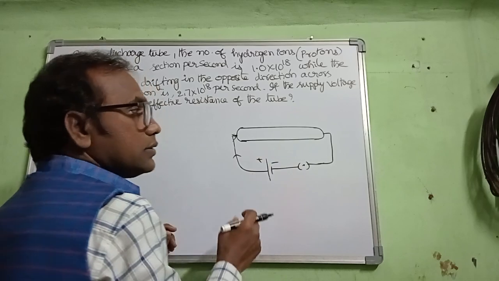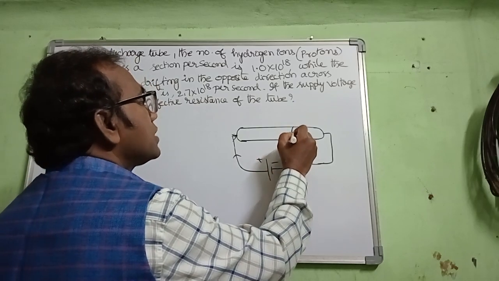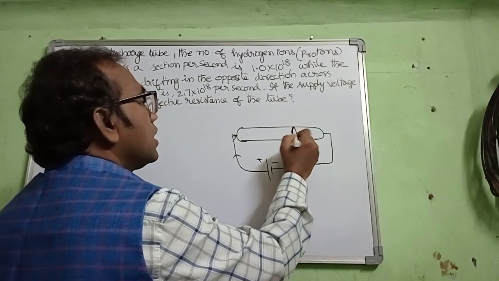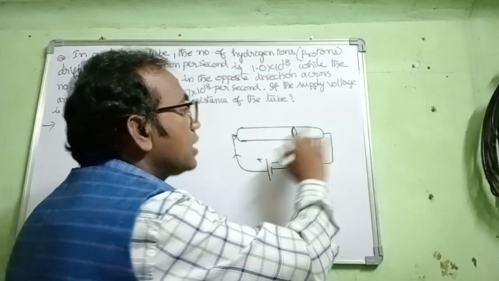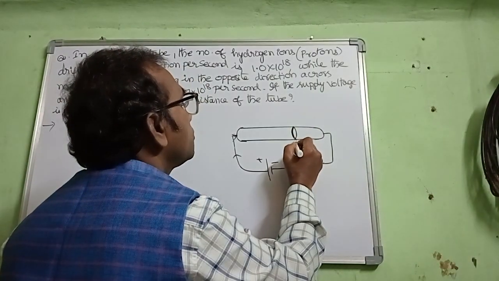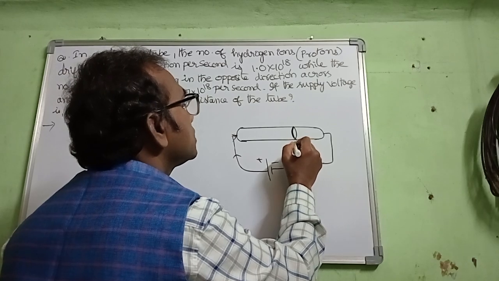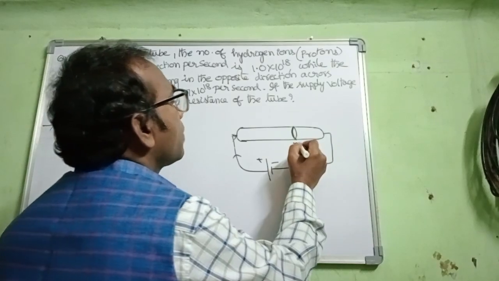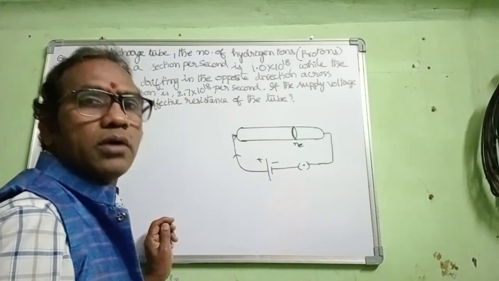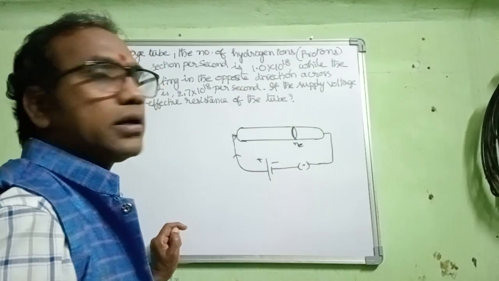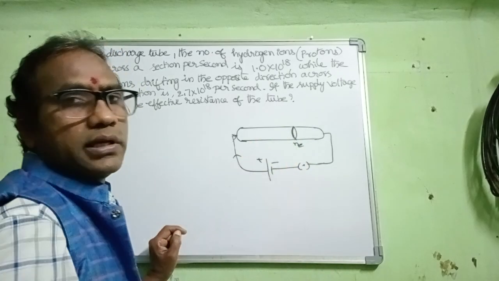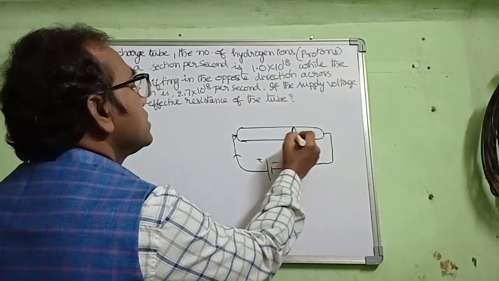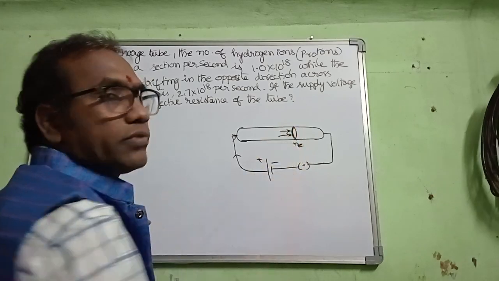Through a cross section, a number of electrons will cross this cross sectional area. Suppose the number of electrons crossing this cross sectional area is Ne. This is the direction of electrons.